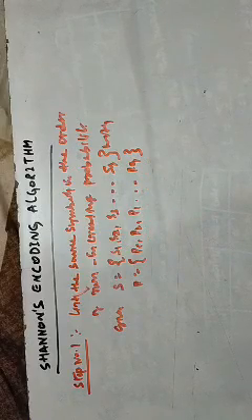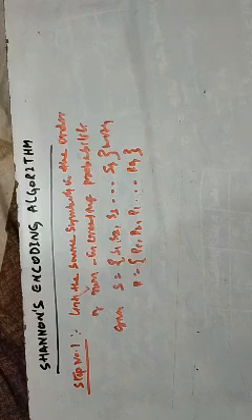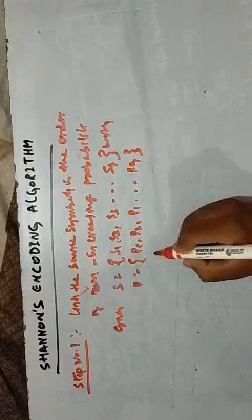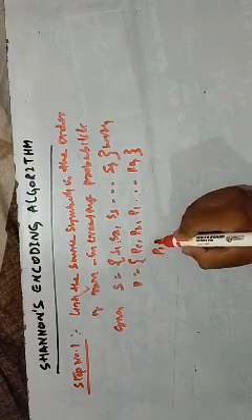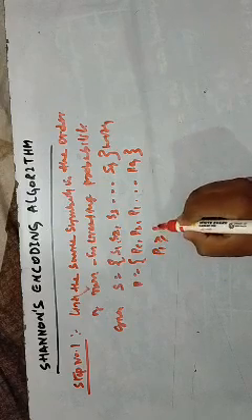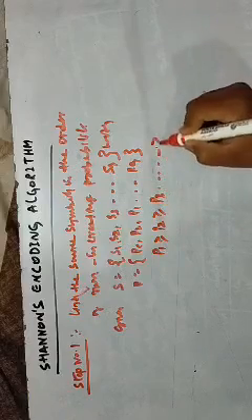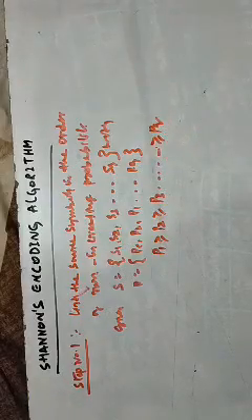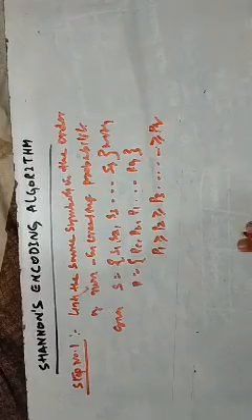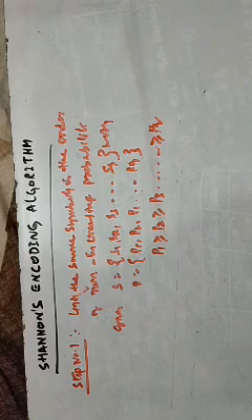These should be arranged such that P1 is greater than or equal to P2, greater than or equal to P3, and so on, greater than or equal to PQ. This means the probabilities should be arranged in non-increasing order. This is the first and foremost step we have to follow.